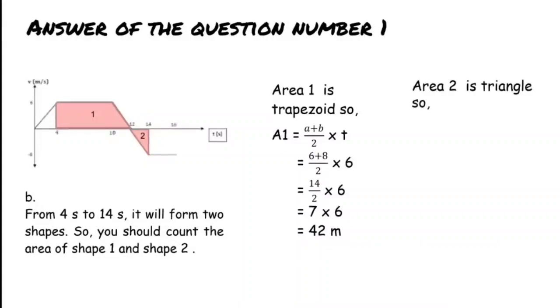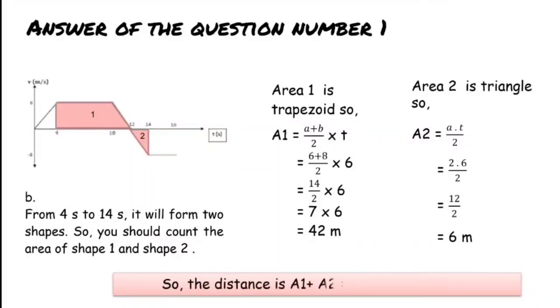it is triangle. So the formula of triangle is base times height over 2. 2 times 6 over 2. So 12 over 2 is 6 meters.